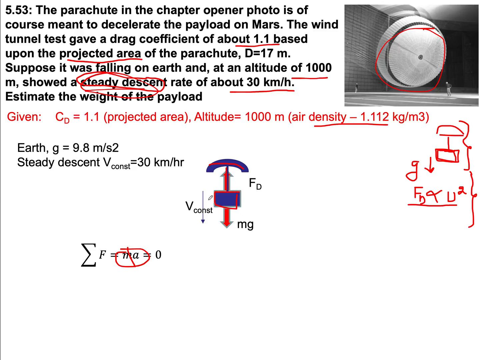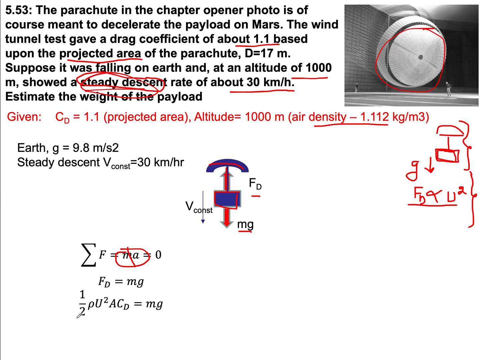So if I take the object, it has the weight pulling it down, and it has the rope pulling it up, which is the reaction force. The rope is attached to the parachute, and the parachute sees the drag force. It's tension here, but we'll put F drag following that argument. So my drag force will be equal to the weight of the body.